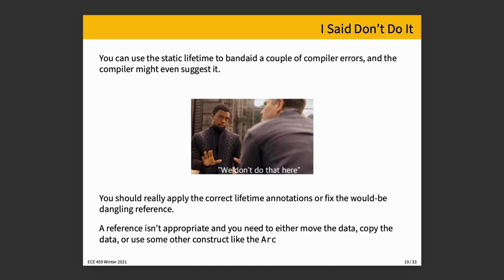You should apply the correct lifetime annotations or fix what would be a dangling reference, because that's usually what's happening. The compiler is unfortunately leading you a little bit down the wrong path when it says, listen, I want this vector that you're trying to pass to a thread to be annotated as static. Okay, so you say, all right, I'm going to annotate the function parameter with this lifetime, and that just moves the pain up a place in the call stack to where the function is called.